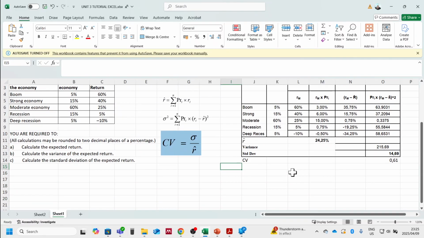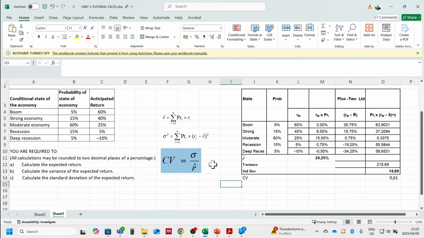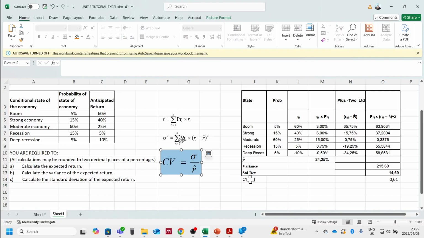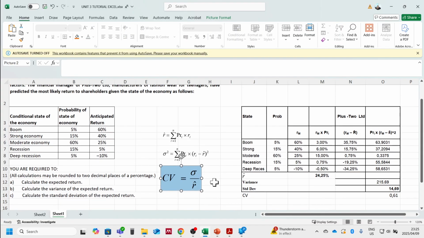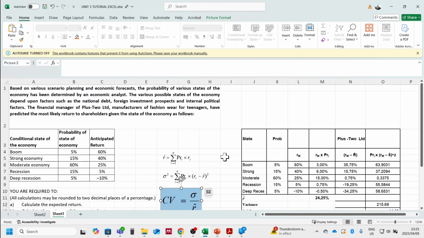However, the most important thing that you need to understand is that we only use the CV if we are going to invest in, let's say, or acquire 100% of a company's shares.